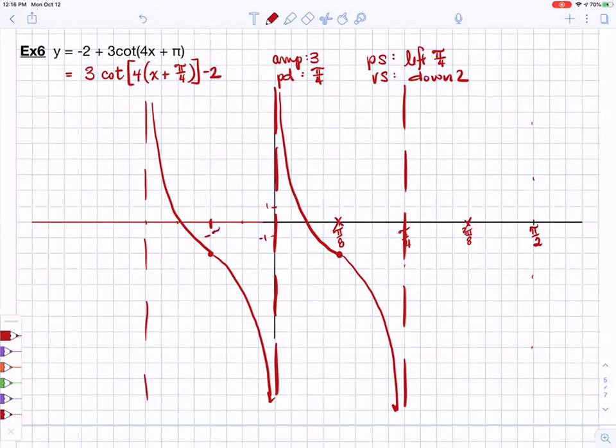Yeah, this one's negative pi over 8, and this one's negative pi over 4. Any questions on that? If this one were to ask, what's the range? What is the range of this graph? Yeah, all real numbers, negative infinity to positive infinity. Okay.